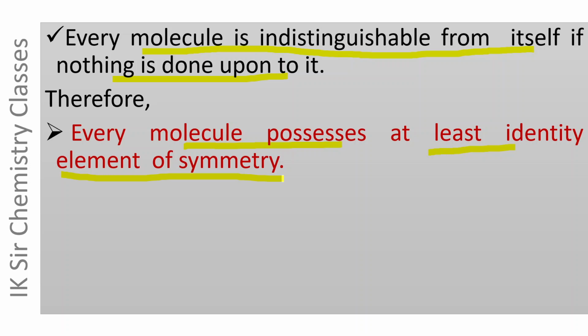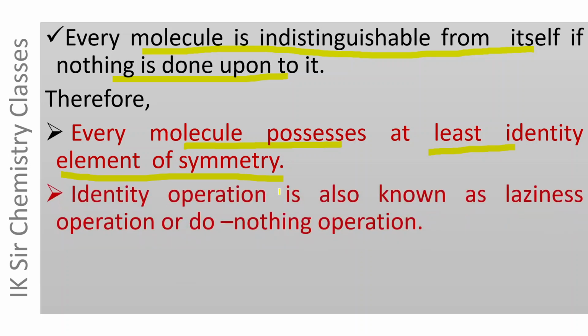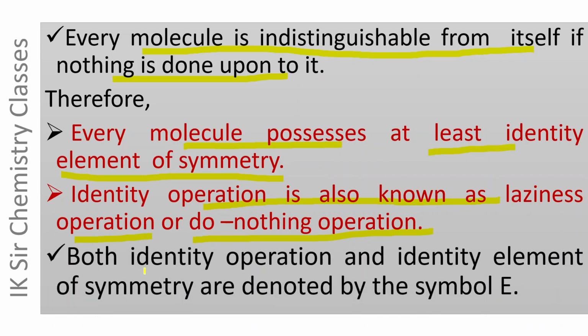All the molecules have identity element of symmetry. Identity operation is also known as laziness operation or do nothing operation, because if nothing is done upon a molecule, it is identical to itself. Both identity operation and identity element of symmetry are denoted by the symbol E.